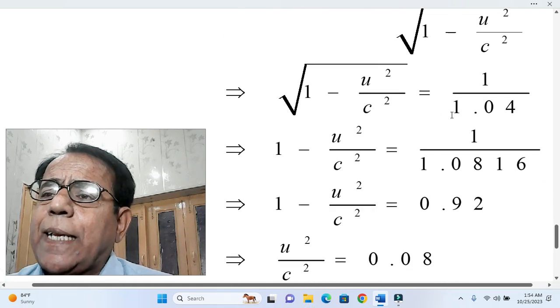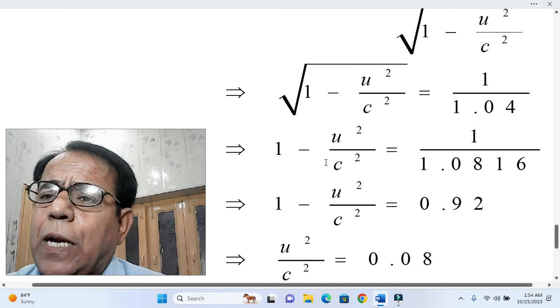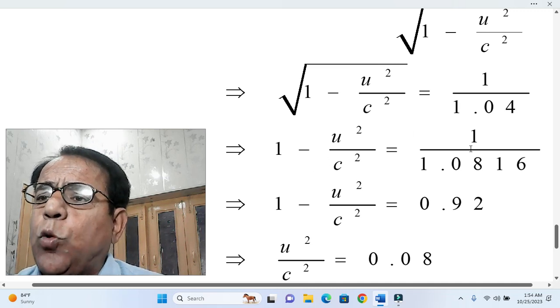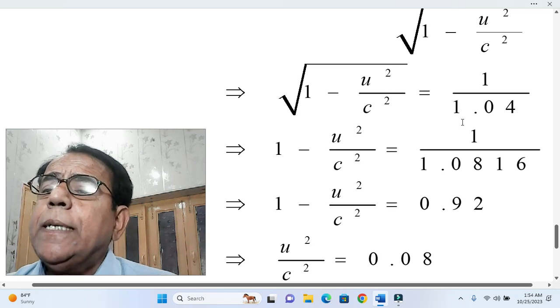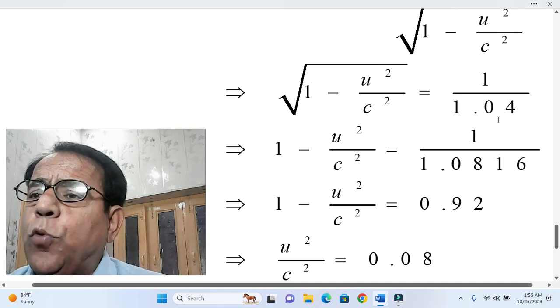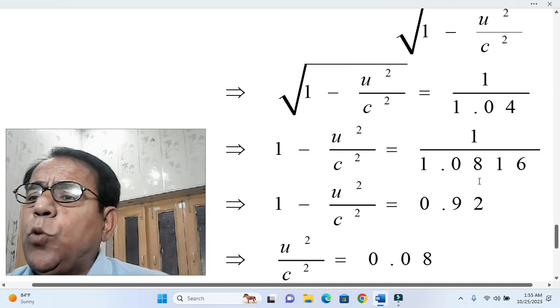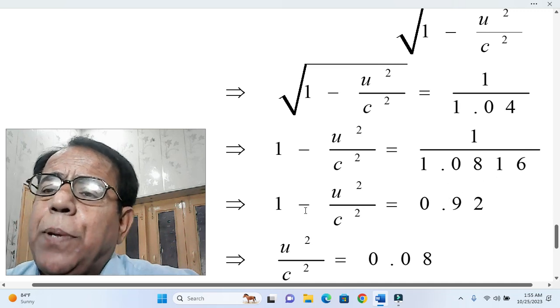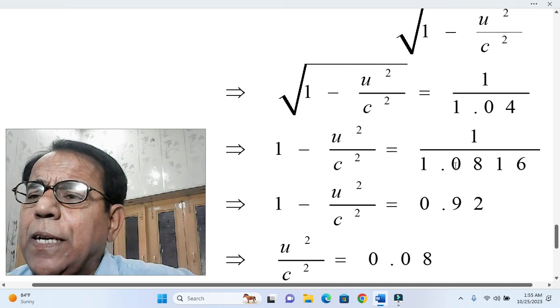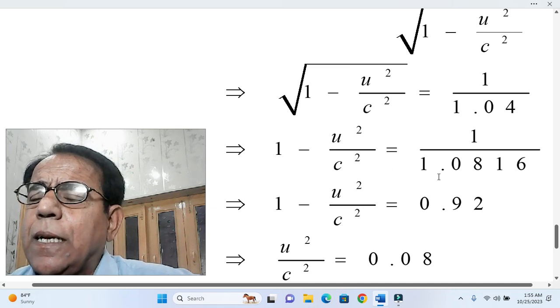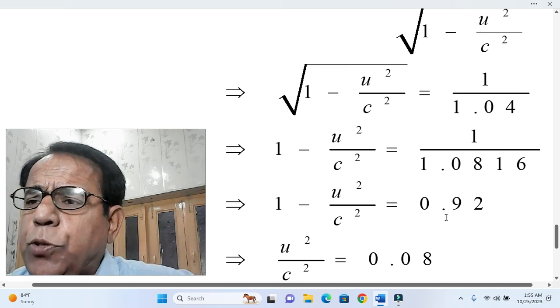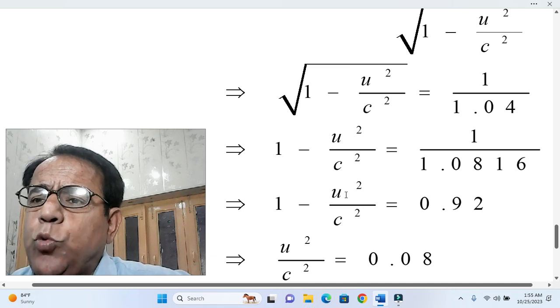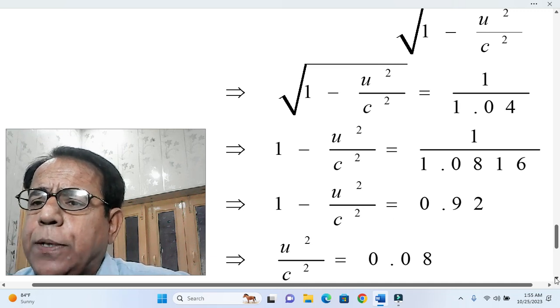When we take the square of both sides, then we get 1 minus u square over c square equal to 1 over 1.0816. That is to say, the square of 1.04 is 1.0816. From here when we simplify it, it becomes equal to 0.92. 1 minus u square over c square is equal to 0.92.